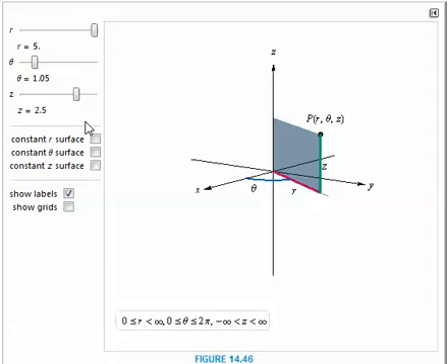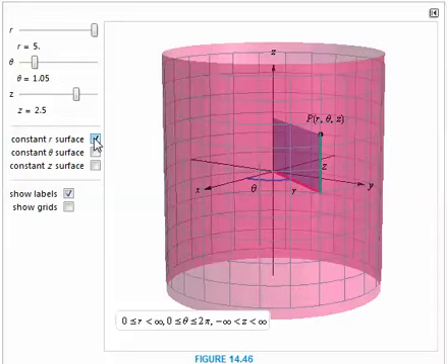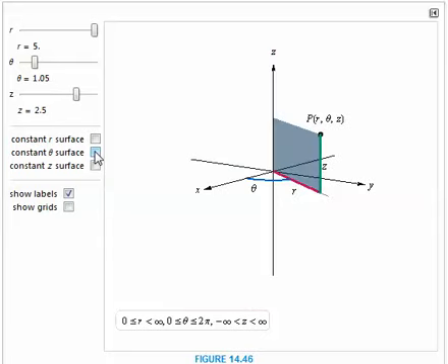Let's look at some constant surfaces. A constant surface of r equals 5. This is every point in three-dimensional space that is 5 units away from the z-axis. Now, perhaps we do want to put this at about pi over 2.